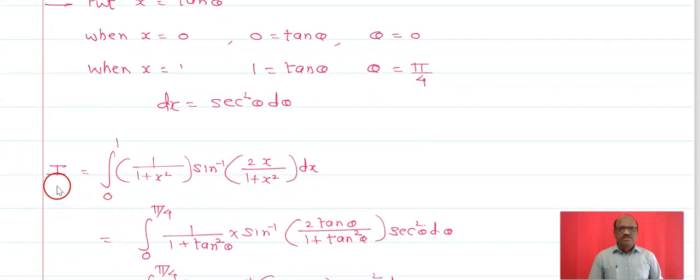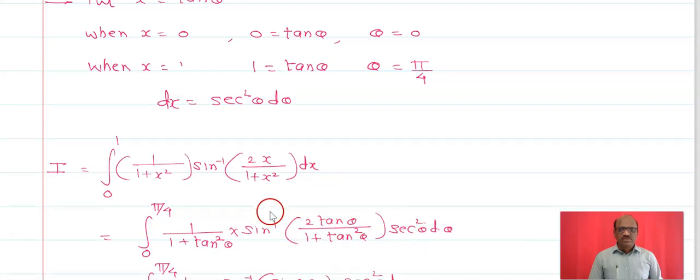Therefore, our integral changes. I is equal to the integral from 0 to 1 of 1 upon 1 plus x square, sine inverse of 2x upon 1 plus x square, dx. And that's why the new integral is from 0 to pi by 4 of 1 upon 1 plus tan square theta into sine inverse of 2 tan theta upon 1 plus tan square theta. The value of dx is sec square theta d theta.